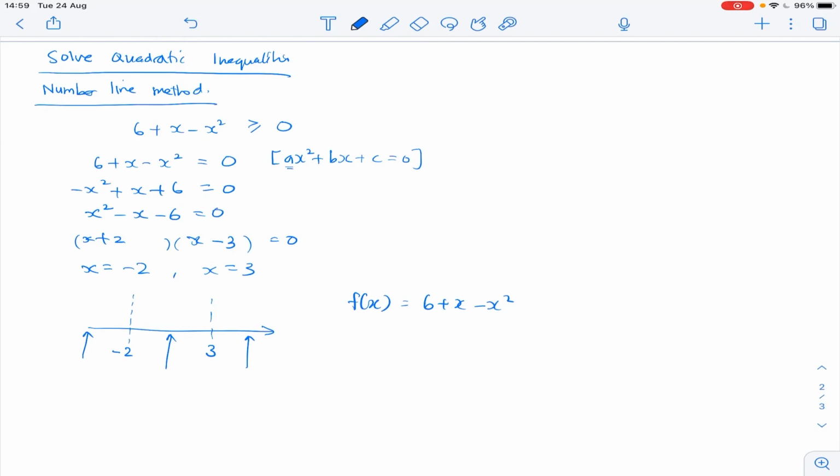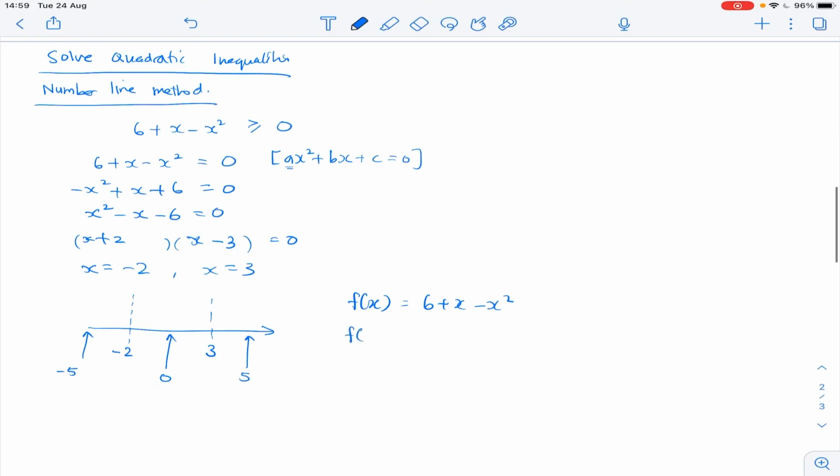So let's just do an example. Let's say I choose a value negative 5 here, any number that is less than negative 2. A number between negative 2 and 3, let's say number 0. And a number greater than 3, let's say number 5.